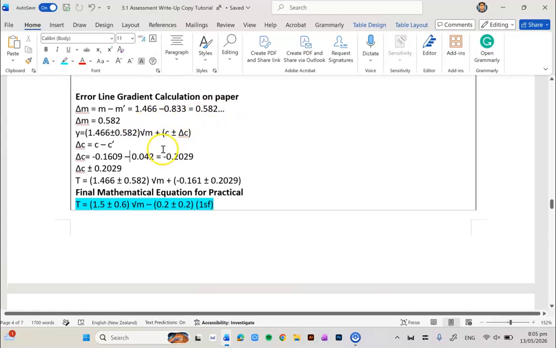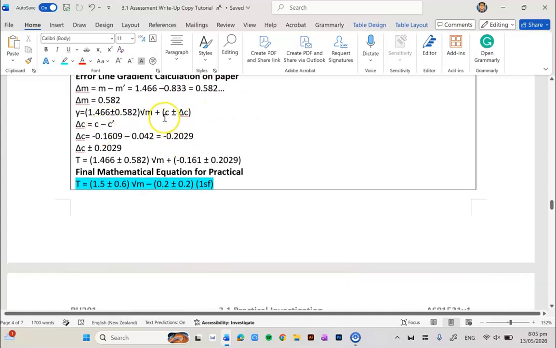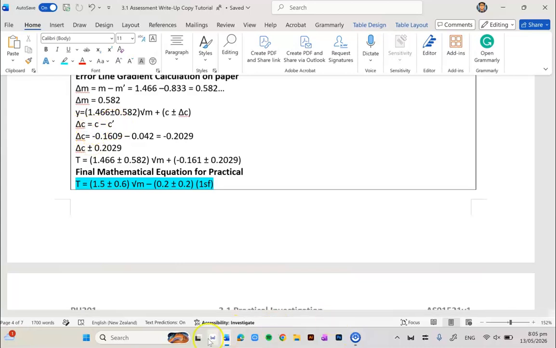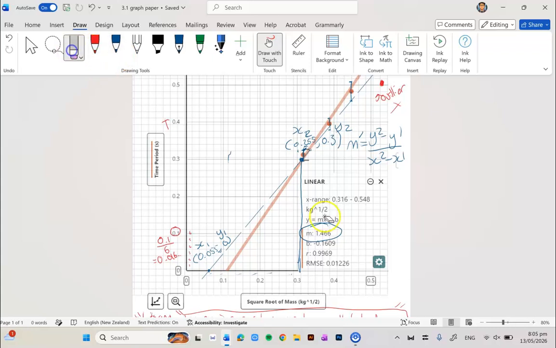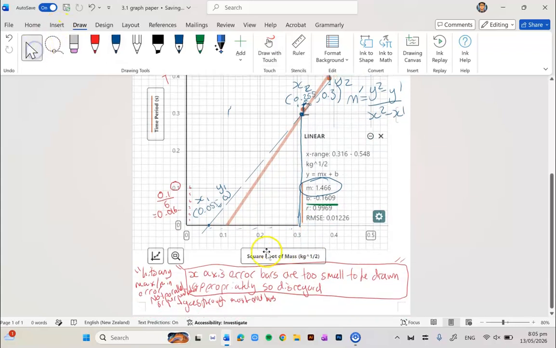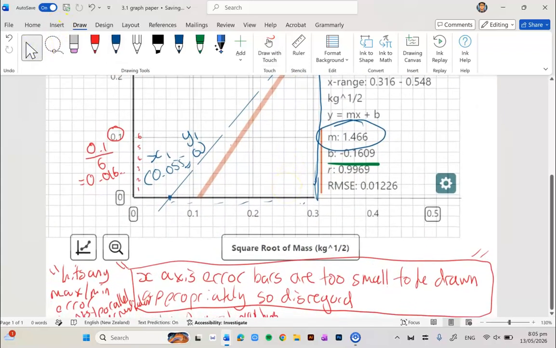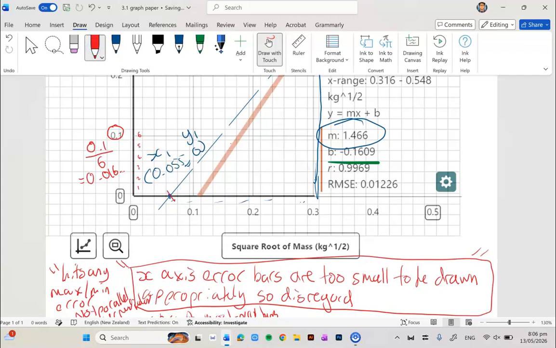So now we just need to find the C, the y-intercepts. So you're given one of the y-intercepts already. So this was the y-intercept of the best fit line. So to find the intercept of the error line, you just read it off the graph. So for this one here, this is your C dash here.